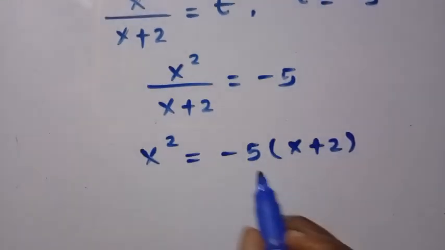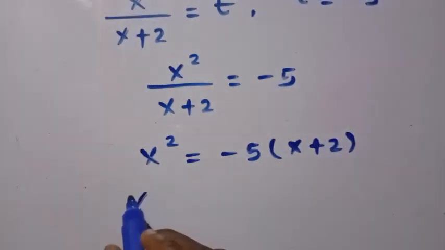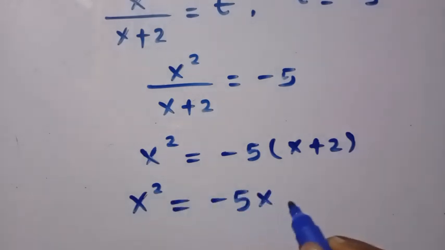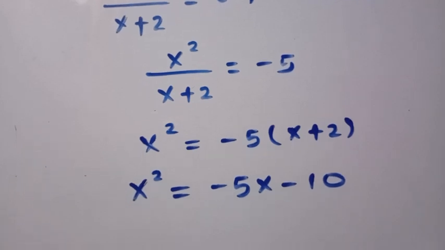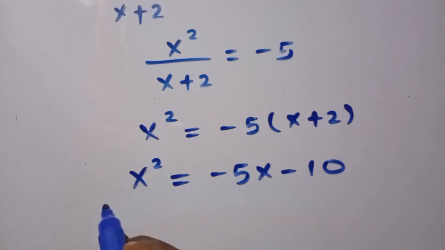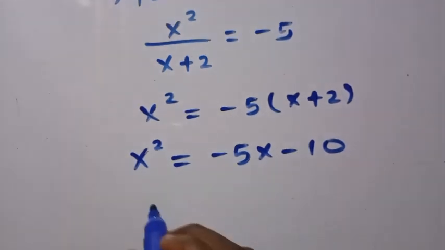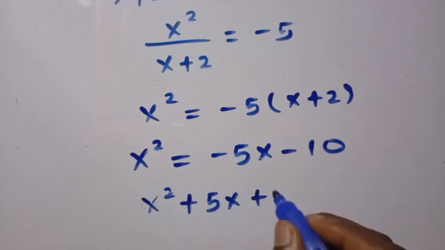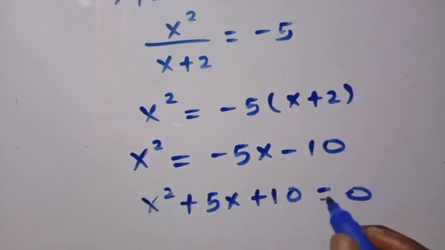Then we open the parenthesis: x squared equals minus 5x minus 10. Taking the whole of this to this side, we have x squared plus 5x plus 10 equals 0.